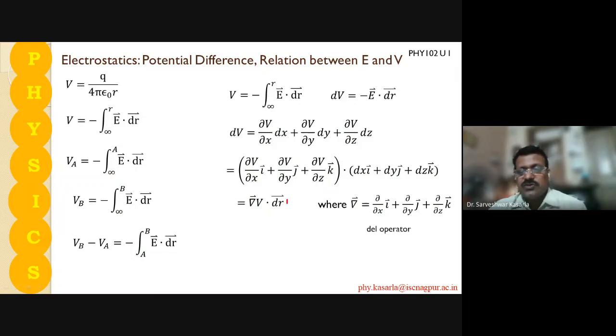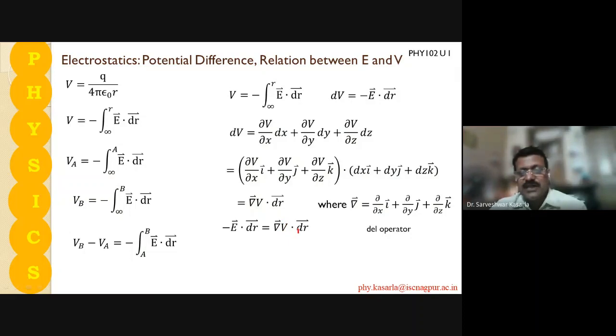So this is called the del operator, and therefore now we have this expression, and dV is equal to minus E dot dr. So minus E dot dr is equal to del operator operating on V dot dr.